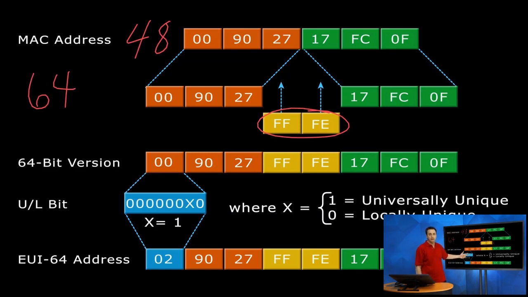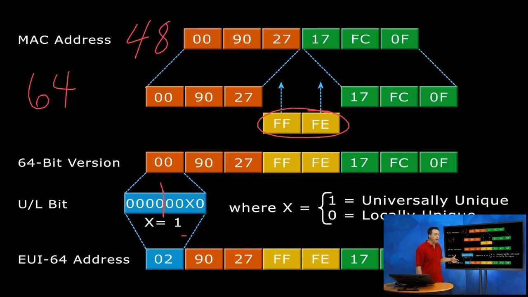We flip it, and then that's going to be a 1. And then you convert it all back, and you get 02. So 2 in hex. Why is it 2 in hex? Because if you break it up, these first 4 equal 0, and the latter 4 would then equal 2 in hexadecimal. So 0010 is 2 in binary, which is also 2 in hex. So as a result of that, you get 02, and then the rest of the address.